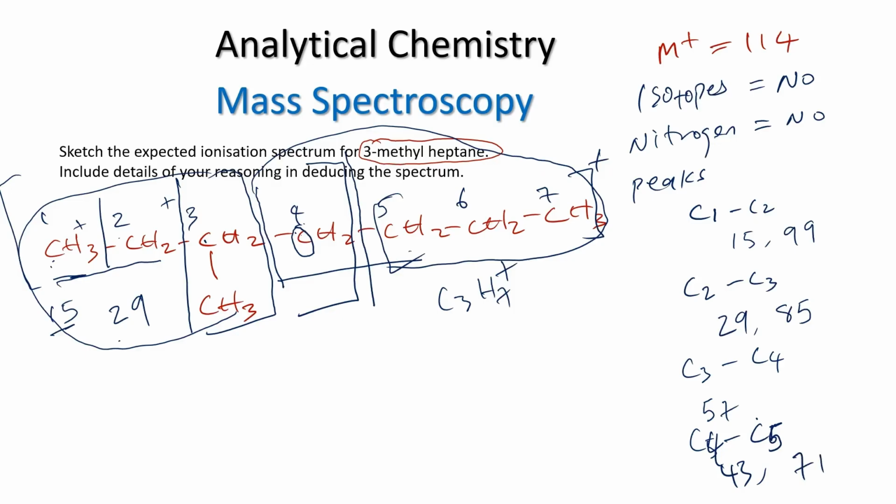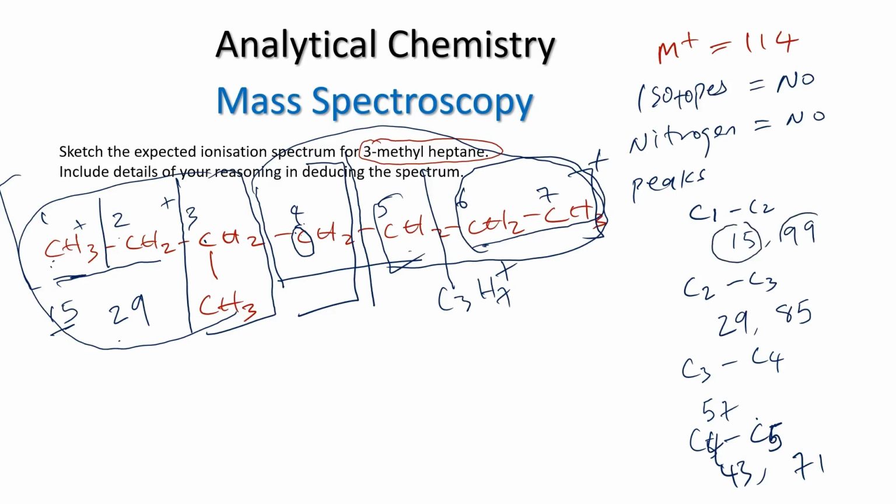These are the possible fragments, because if you break the bond between 5 and 6, we are going to have ethyl. You've gotten this already, so there is no need to repeat it. These are the possible peaks that we are going to get.